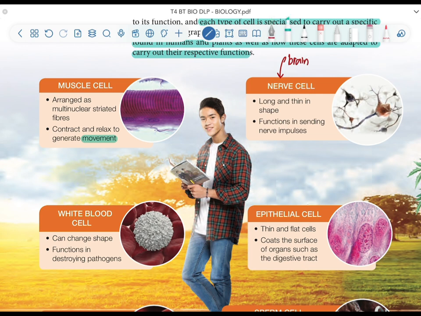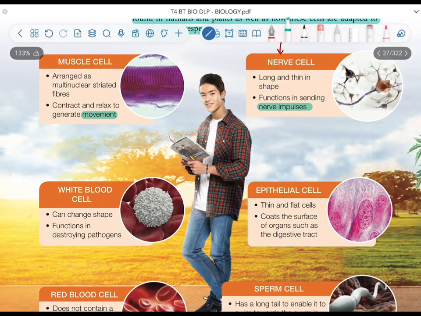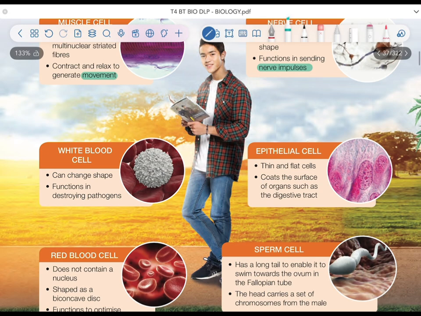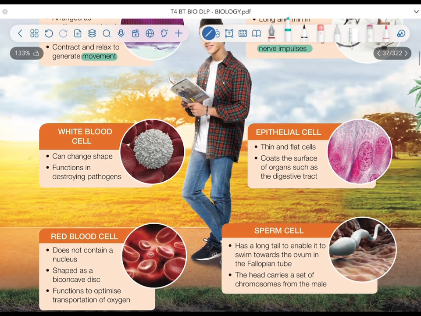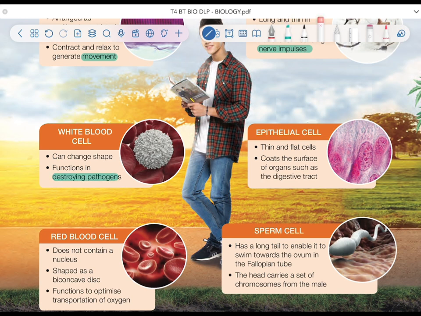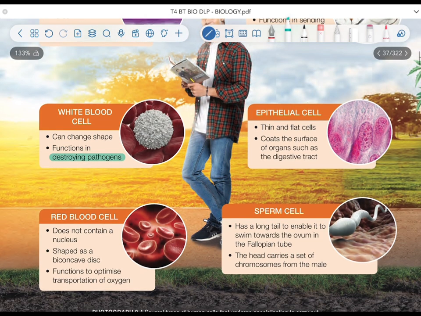It functions in generating nerve impulses, which can be sent to the brain to be processed and carry out the appropriate movement. And then the white blood cell functions in destroying pathogens. It can protect our body by destroying pathogens such as harmful microorganisms or even viruses.